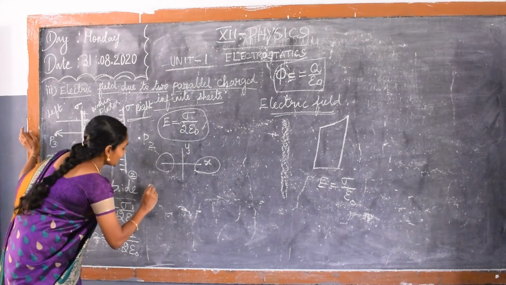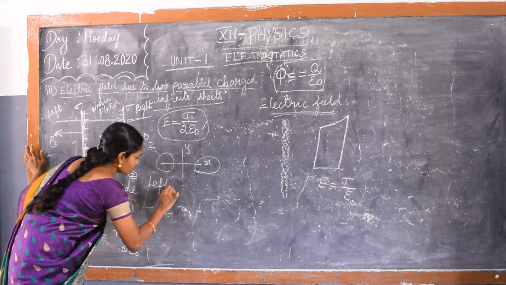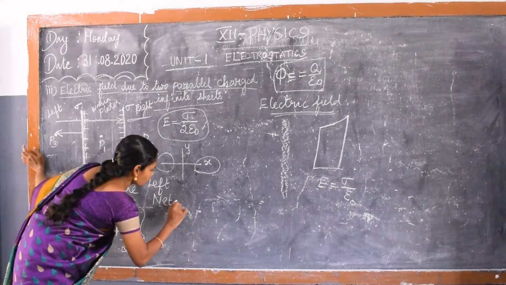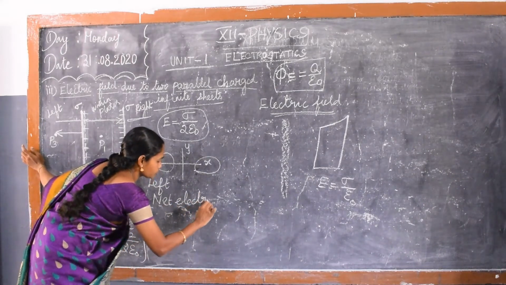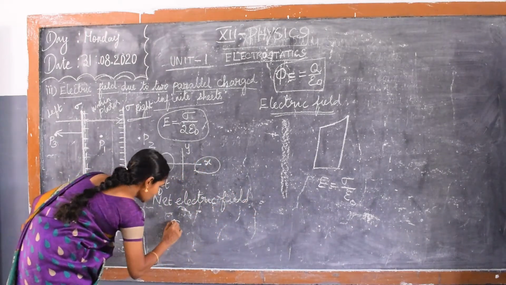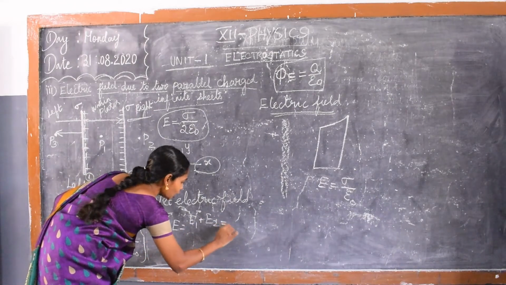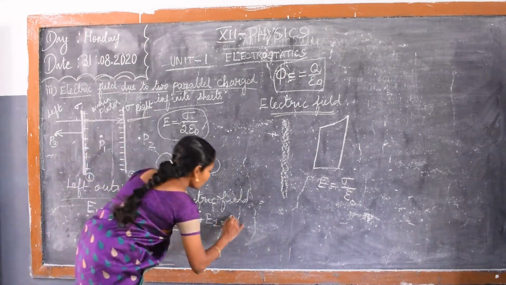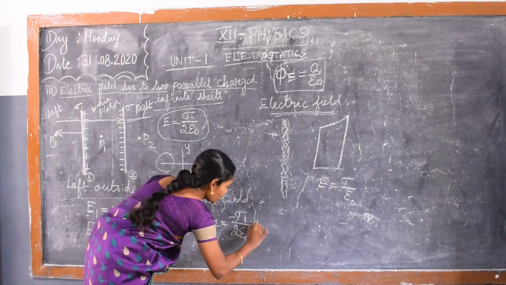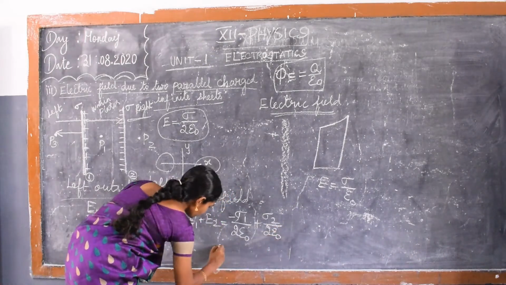Now we will calculate the net electric field on the left side region. Net electric field, just add these two values. Net electric field E is equal to E1 plus E2. What is the value of E1 and E2? Minus sigma 1 divided by 2 epsilon naught plus sigma 2 divided by 2 epsilon naught.